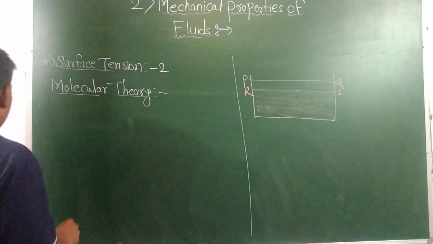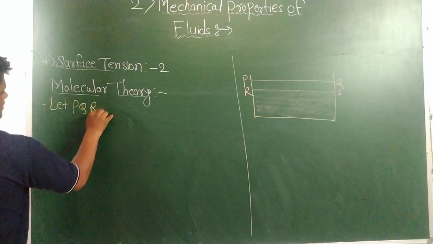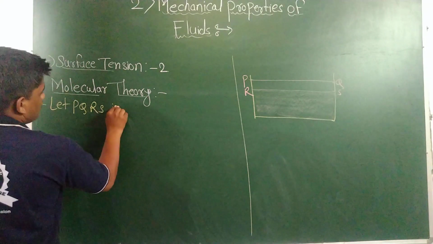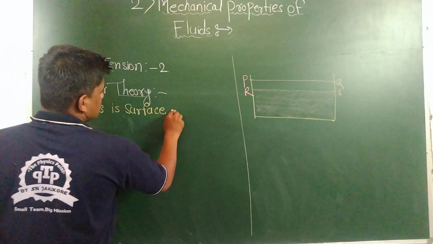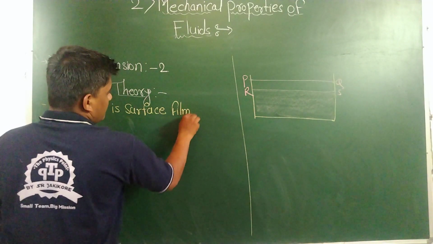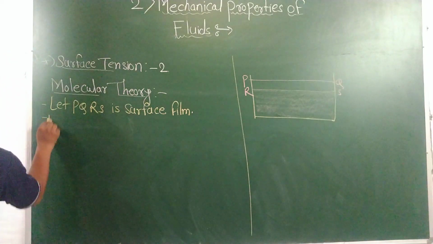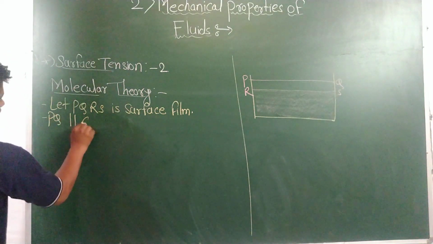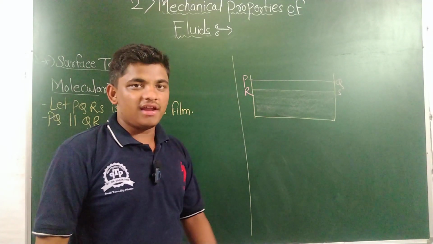Let PQRS be the surface film in the container, and PQ is parallel to QR. Am I right?